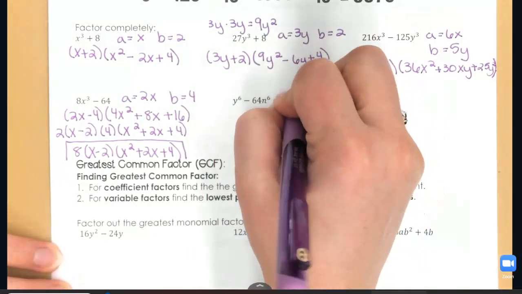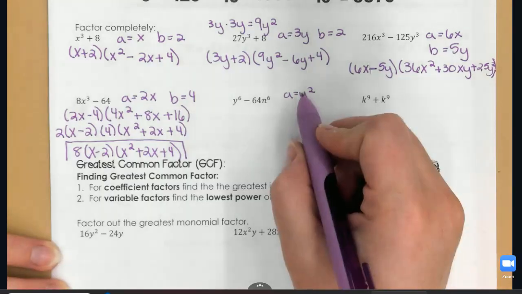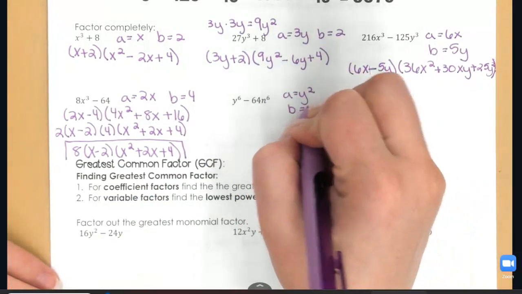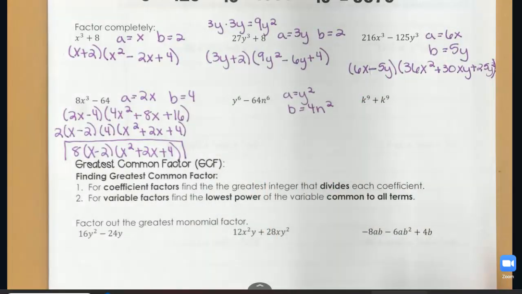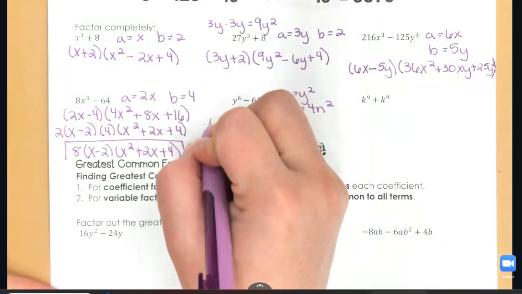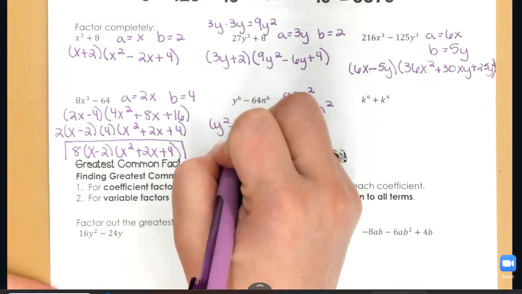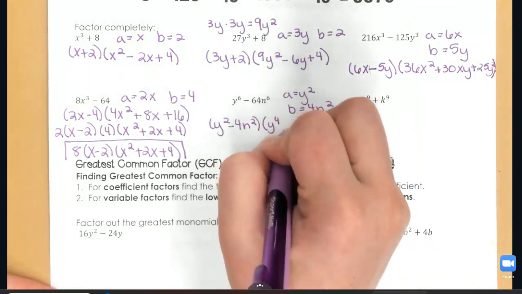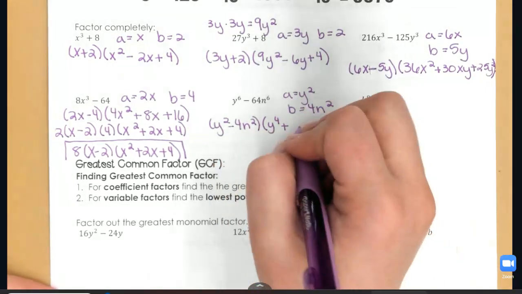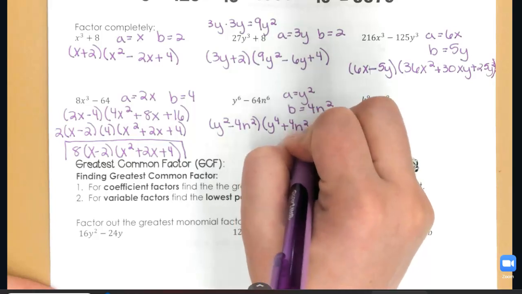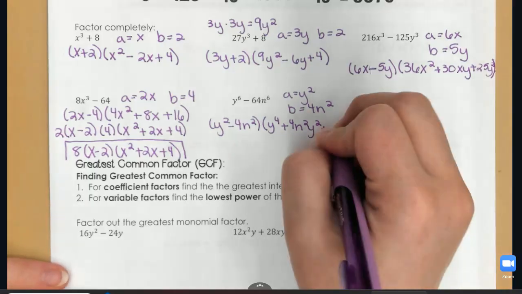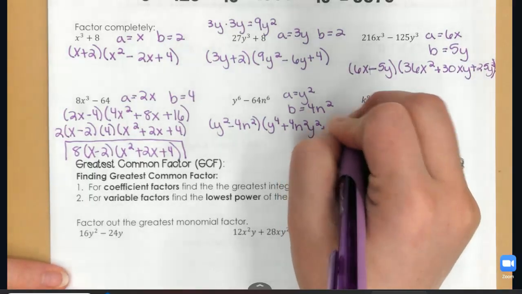Okay, on to our next one. A for this one is going to be y squared, because if I cube y squared, that gives me y to the 6th, and b is 4n squared. So this is subtraction, so difference of cubes: y squared minus 4n squared times, if I square y squared, that's y to the 4th, plus y squared times 4n squared, plus, if I square 4n squared, that is going to give me 16n to the 4th.